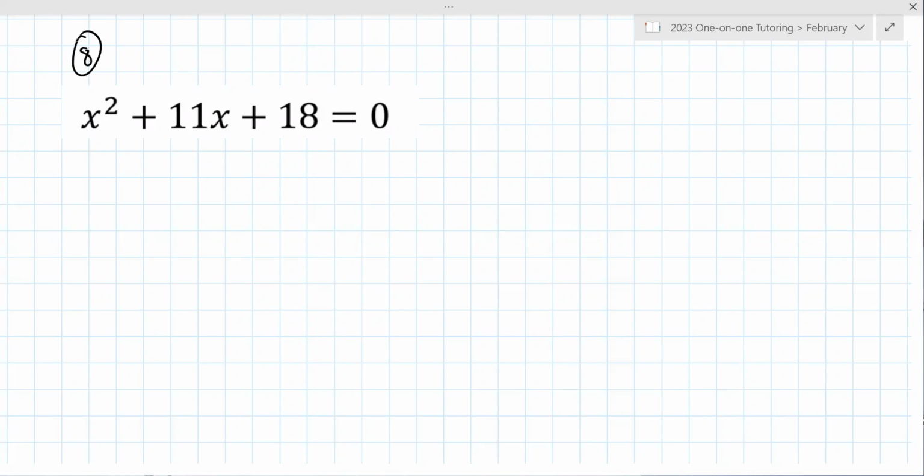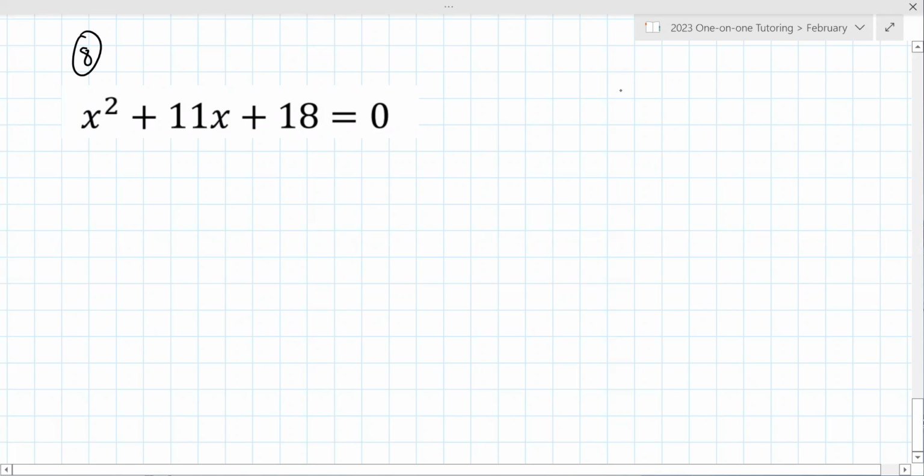Two numbers that multiply to 18, but add to 11. Alright. 2 and 9. And 3 and 6. Okay, so which add up to 11?